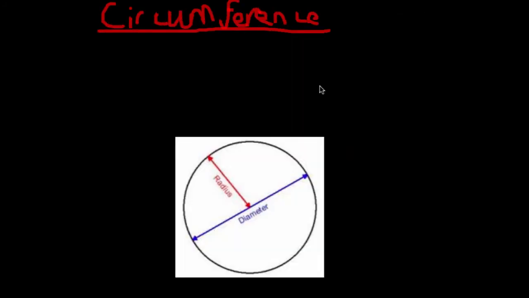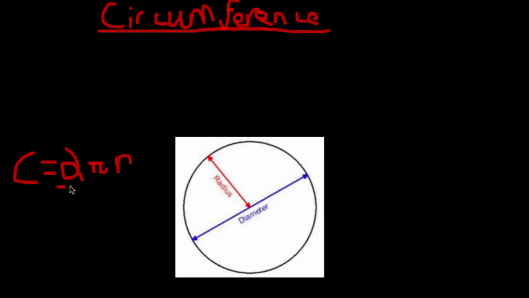So now we're going to watch the circumference of a circle. So the formula to find the circumference of a circle is 2 times pi, which in our case is 3.1416, times however the value of the radius is.